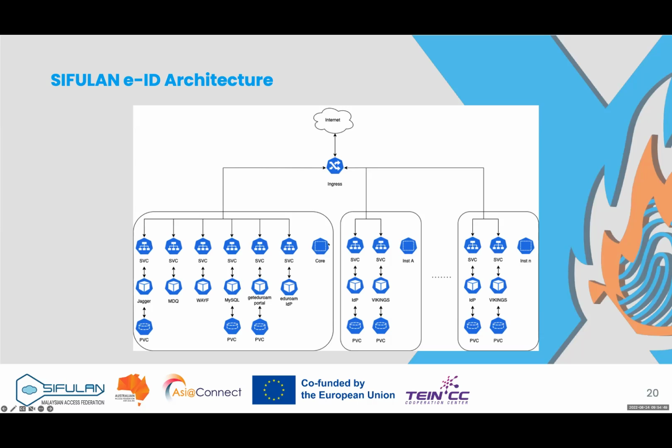So, for the institution, it will depend on what your community looks like, but at least they may have one instance to run as an IDP, and optionally a user manager or Viking.